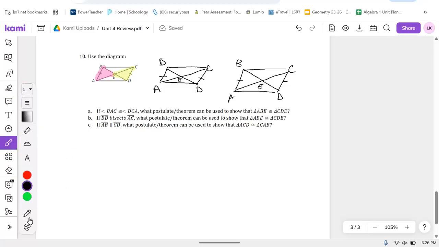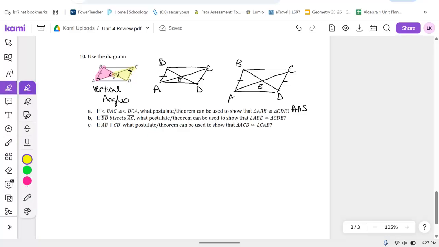All right, and we are told that angle BAC is congruent to DCA. So right now I have a side and angle. Now I know that these two angles are congruent by vertical angles. So I can say that this is angle, angle, side.